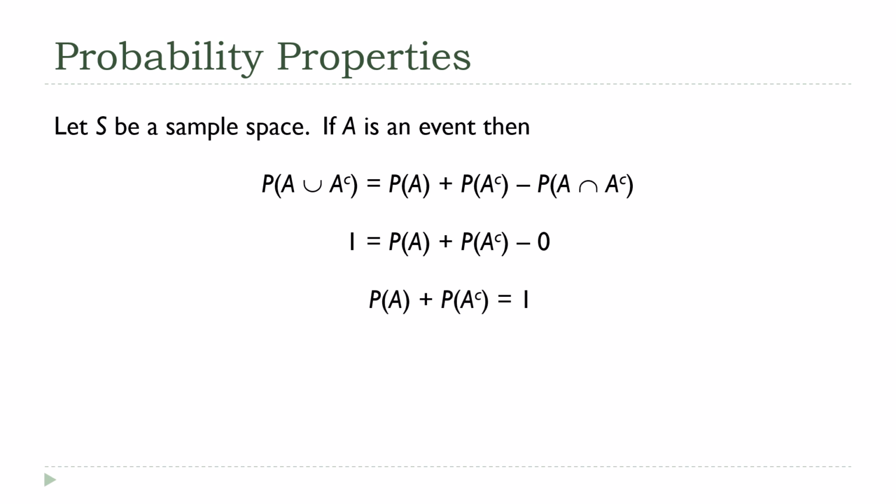Right? It's called the complement rule. The probability of A plus the probability of the complement of A has to equal 1. Or sometimes we'll think of it this way. The probability of A is equal to 1 minus the probability of the complement of A. I just subtracted the complement from both sides. Right? This is a little equation that's going to be really helpful evaluating certain kinds of probabilities.